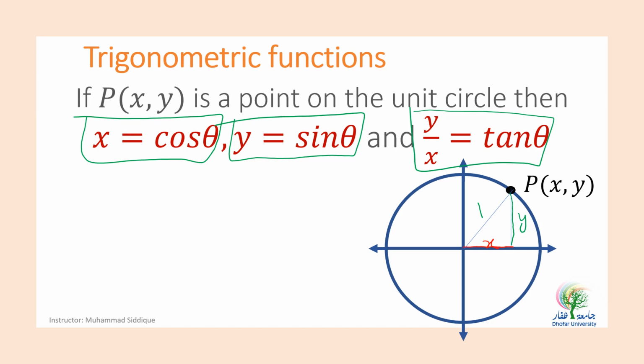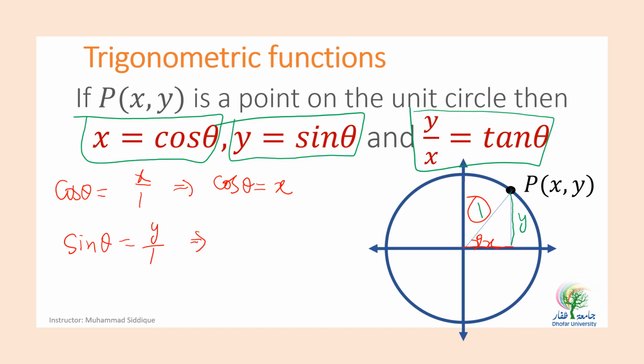For example, this is theta. So we write cosine theta as adjacent divided by hypotenuse, x by 1. So cosine theta is x. Sine theta we write as opposite by hypotenuse. Hypotenuse is 1, so sine theta equals y.